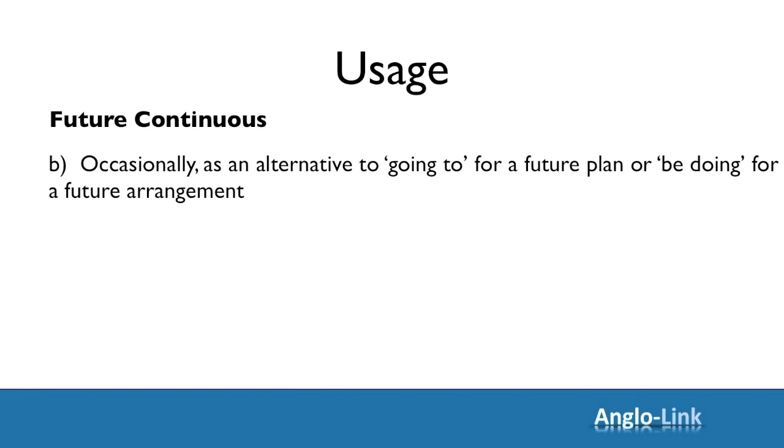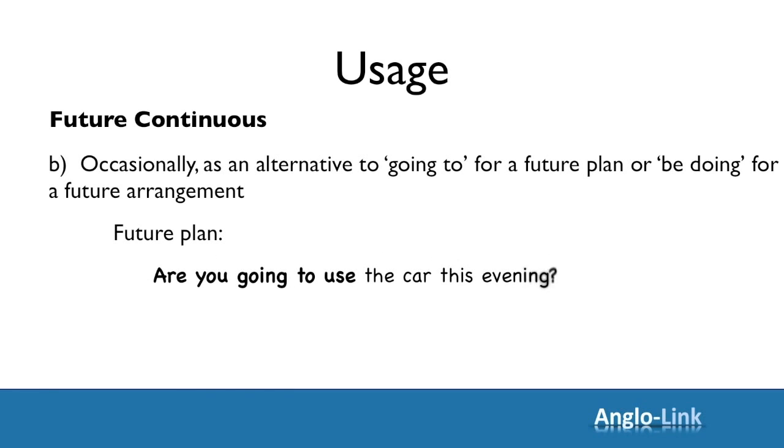If you haven't watched those lessons, I recommend that you review these tenses using those two videos. So, to remind you, for a future plan, we usually use going to. For example, are you going to use the car this evening? Future continuous is an alternative here. You can say, will you be using the car this evening?